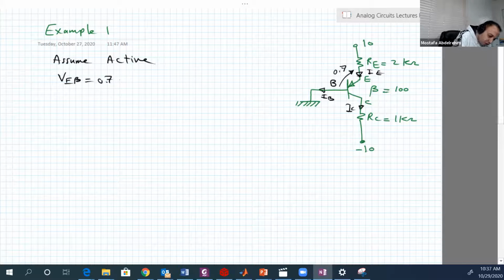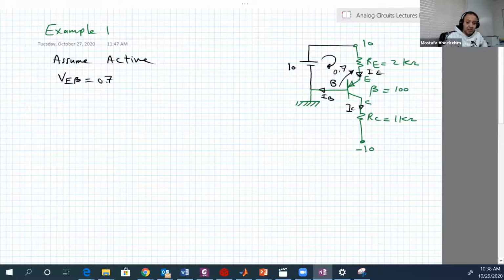Yes, the battery, 10. So in this loop there is a source that can give this 0.7 to the emitter base junction. So it's probably in either active or saturation. When you have something to provide this 0.7, it's very difficult to determine if it's active or saturation. So let's assume active first.